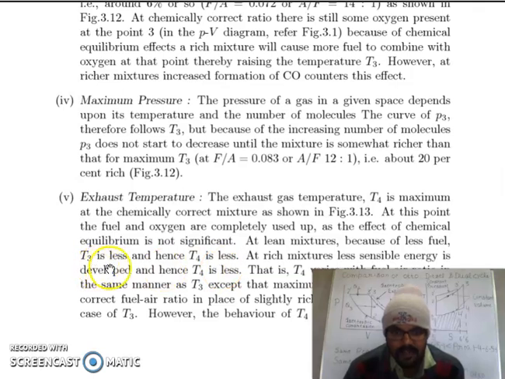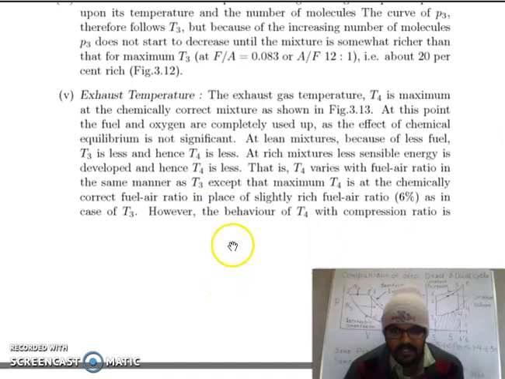If temperature T3 is less, definitely T4 is less, because whatever the maximum temperature achieved after combustion, then your gases will expand, and the same at the exhaust will be affected. At rich mixture, less sensible energy is developed, and hence T4 is less.